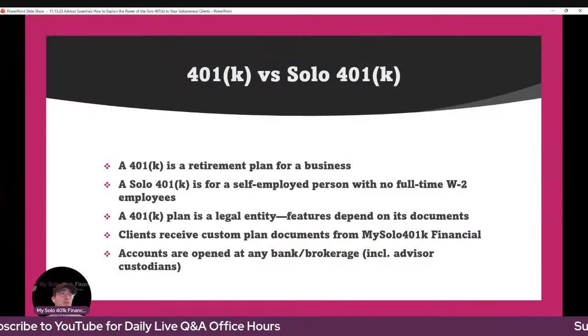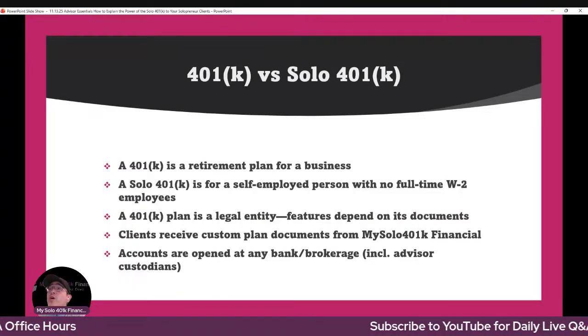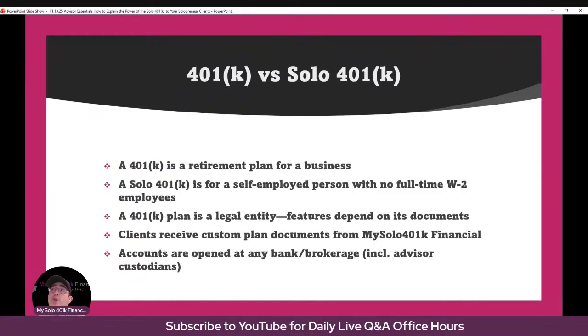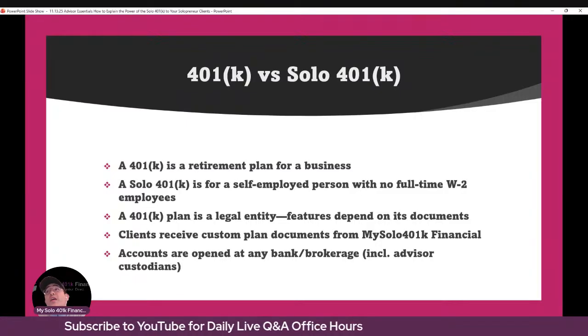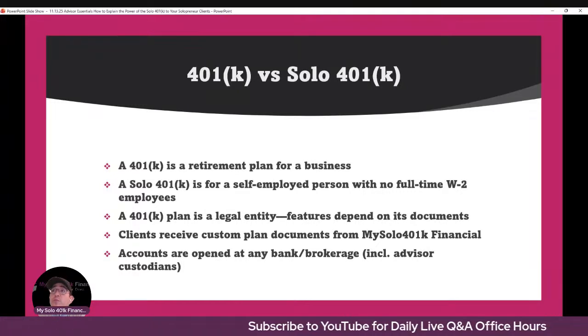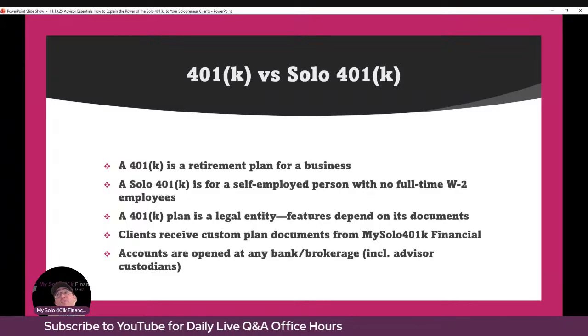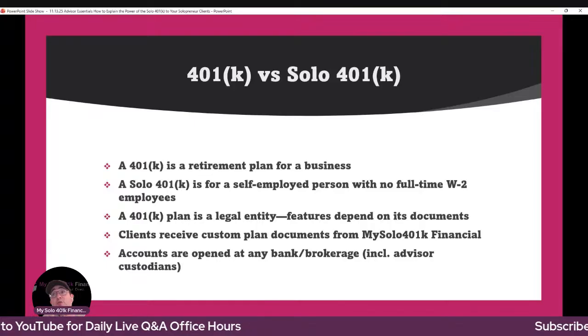So, and here's a good slide just going over again what we talked about, the difference between a 401k and a solo 401k, where a 401k plan is a retirement plan for an employer, and a solo 401k plan is a retirement plan for a self-employed owner-only business. A 401k plan is a legal entity, so ultimately it's the documents that create it.